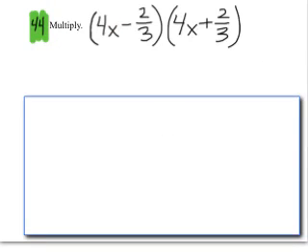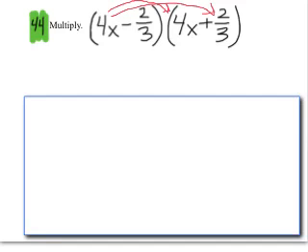Number 44, we have 4x minus 2/3 times 4x plus 2/3. This becomes the difference of two squares. If you don't notice that, you can just still do what we just did in the previous problem. You can take 4x times 4x, and then you go 4x times 2/3.